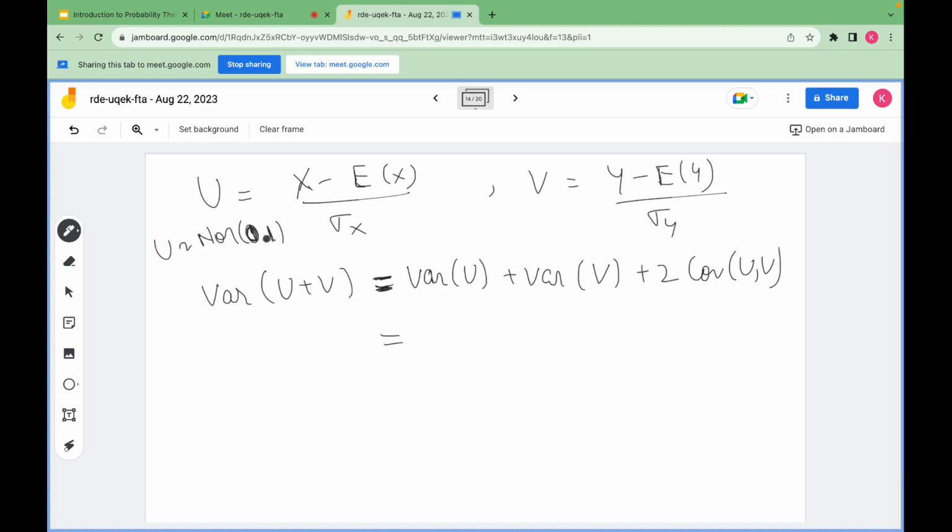So this is the normalized version of x, which means that u has mean 0 and standard deviation 1.